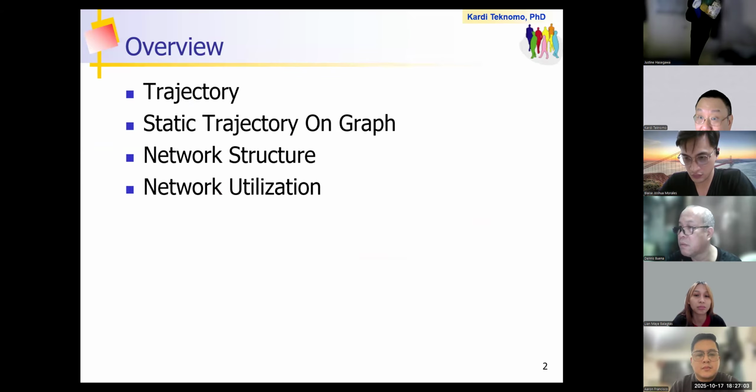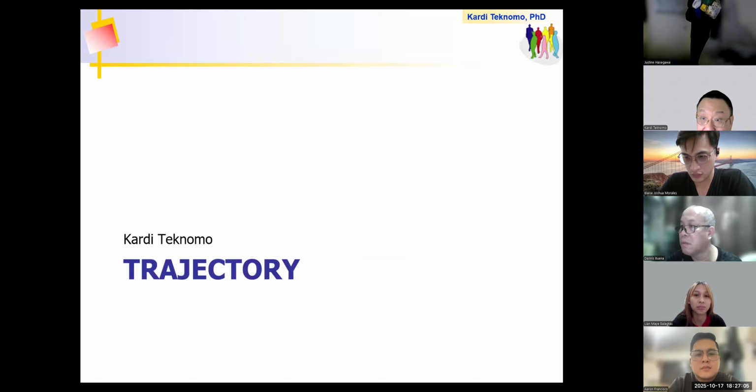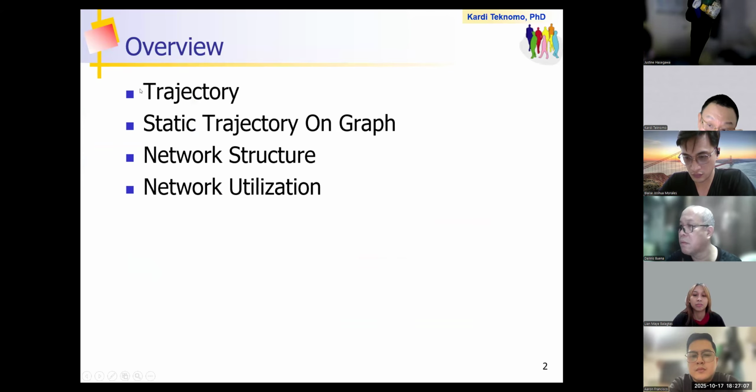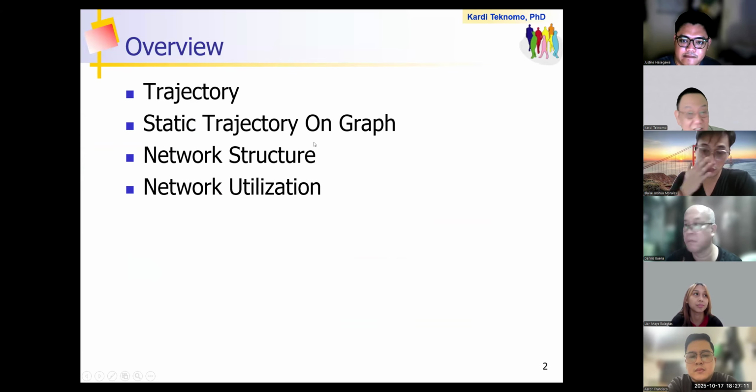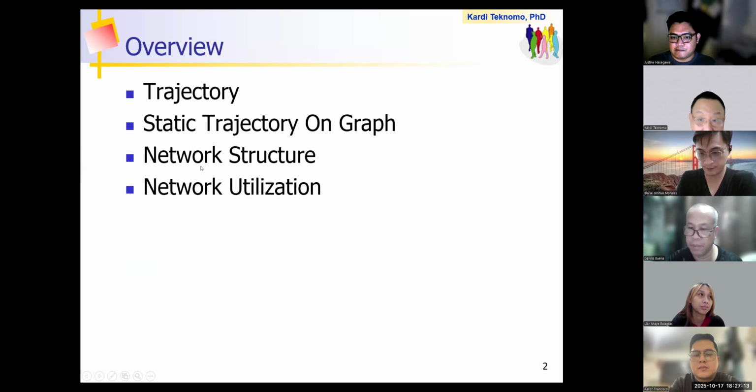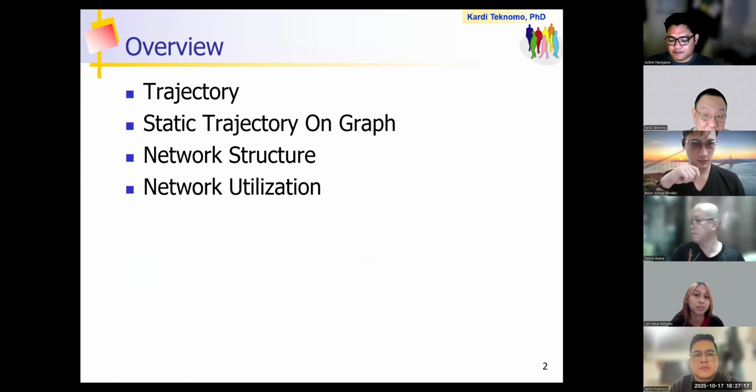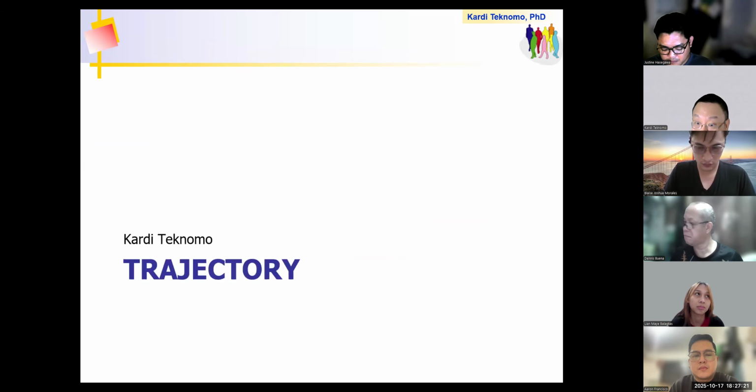The discussion in this slide is about trajectory. Again, I will continue with static trajectory on graph, and we go deeper into network structure and network utilization and its relationship. So now let's start with trajectory.